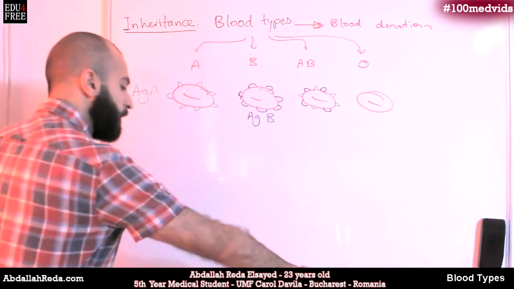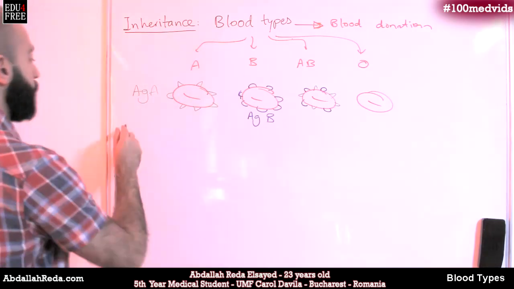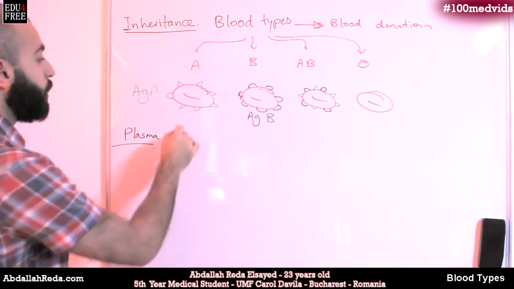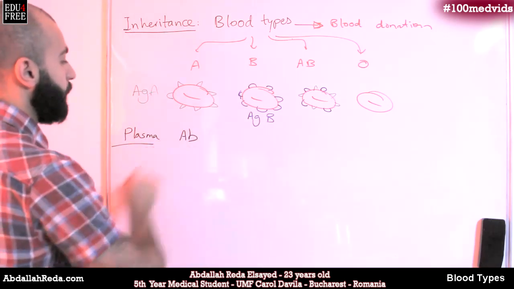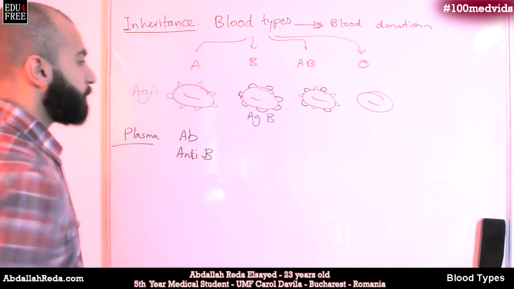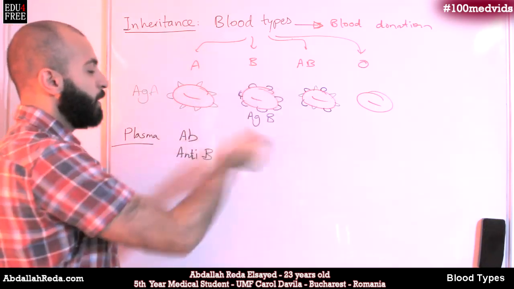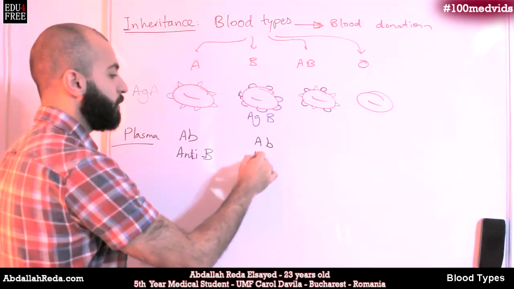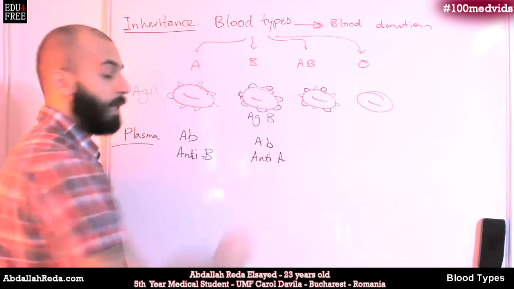So here we have the plasma, and in the plasma, we would have anti-B antibodies. And B is vice versa. We would have antibodies against A, so anti-A.